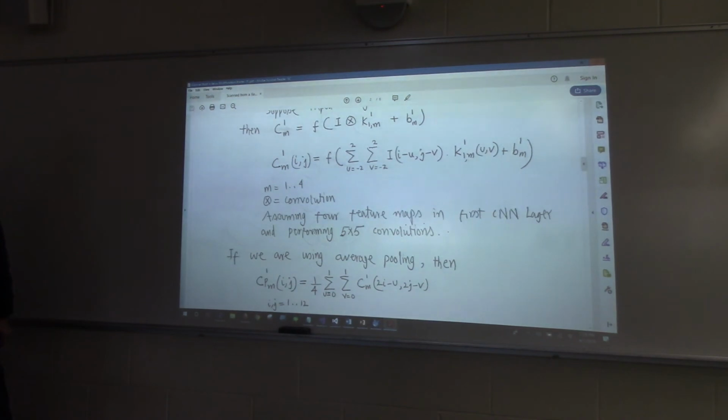This equation, when we say I minus u and j minus v, if I and j are 0, 0 at the beginning, in this case, the starting index is 1. If it's 1, and if u and v are 2, for example, it will be 1 minus 2, which is minus 1.